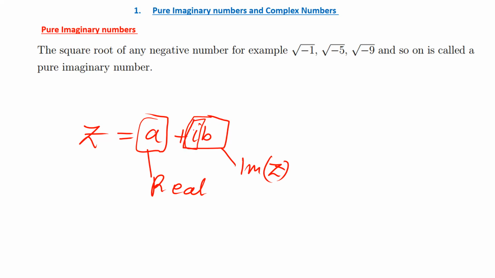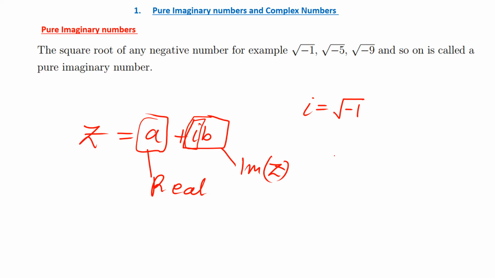This one is different from the one that you see in vectors. This I is simply equal to the square root of -1. This is what usually helps us to find the square root of any negative number.